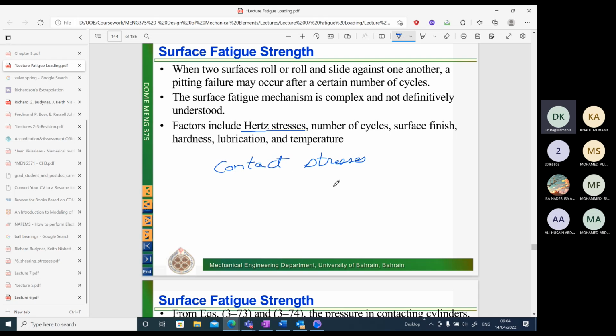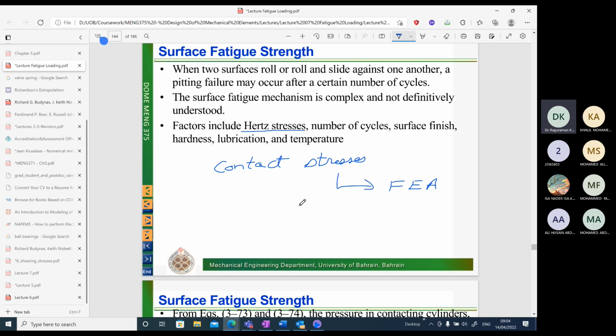What about other cases where we do not have cylindrical or spherical surfaces in contact? There, for contact problems, we have to use FEA, finite element analysis, and figure out what the local stresses are and then try to solve the problem.